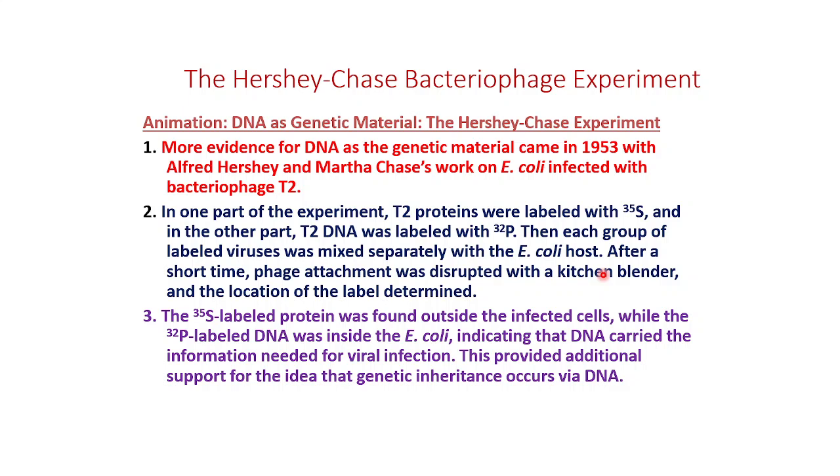Then each group of the labeled viruses were mixed separately with the E. coli host. After a short time, the phage attachment was disrupted with an instrument like a kitchen blender, and the location of the label was determined.